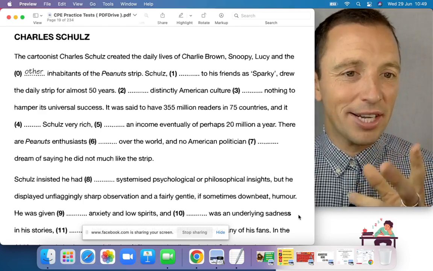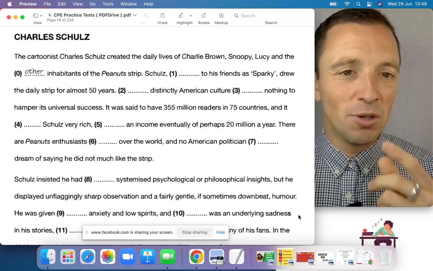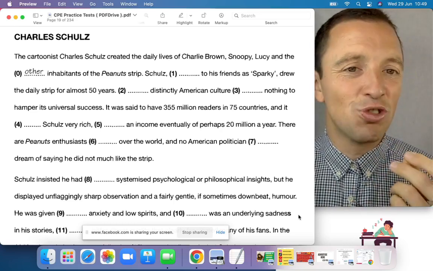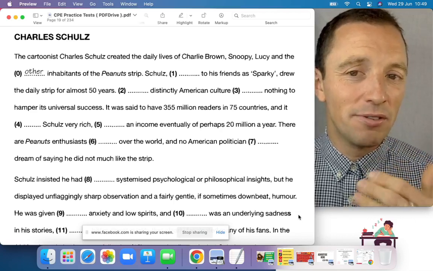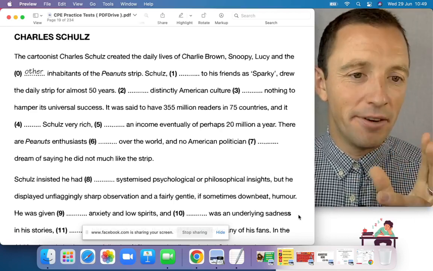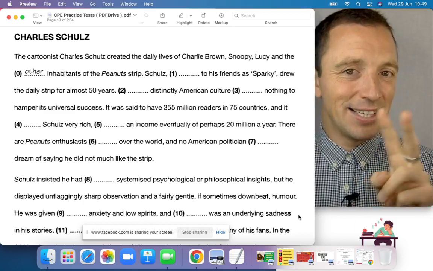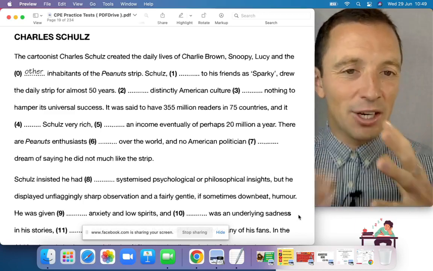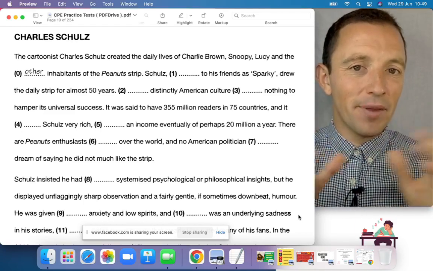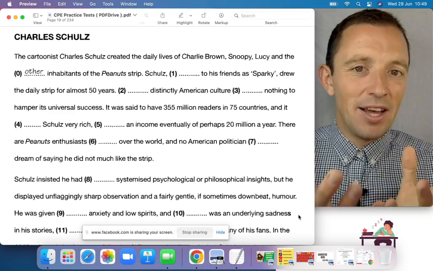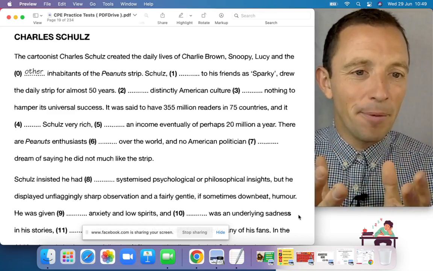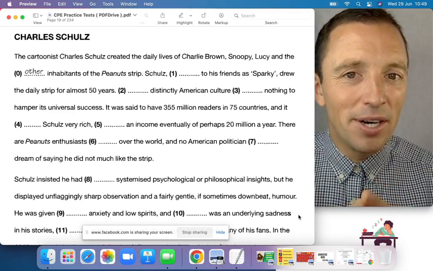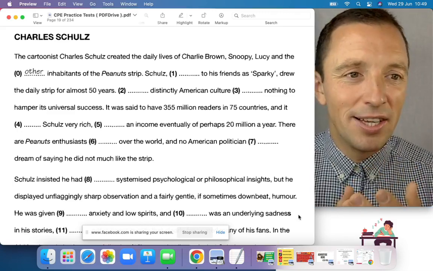If something is hampering you, something is restricting you and stopping you from doing something. It's a brilliant verb. And the second context is completely different. At Christmas, you have a hamper. A hamper is a big basket of food, gifts, presents. But the verb to hamper is very important, meaning to restrict somebody.